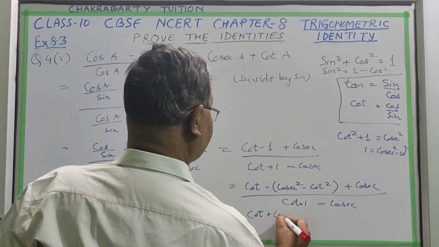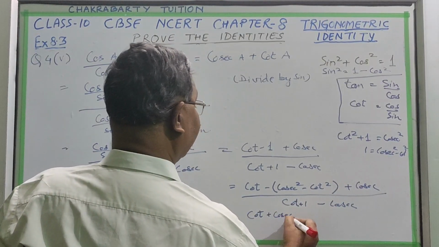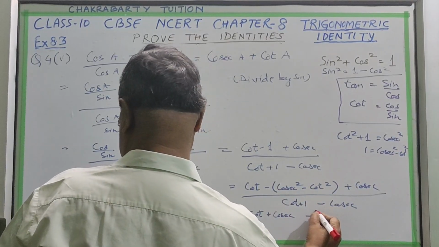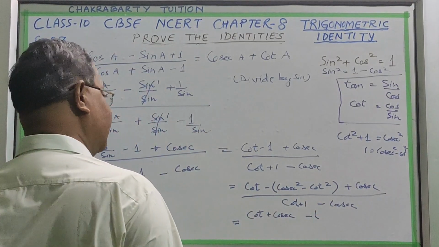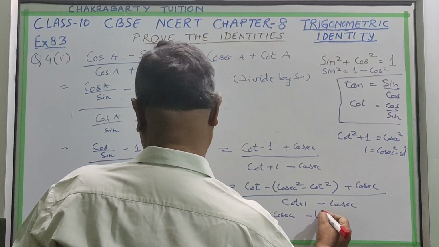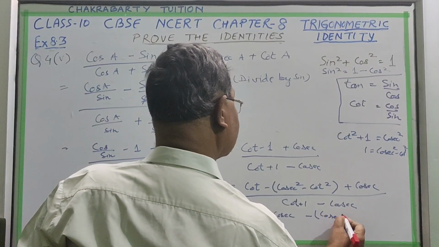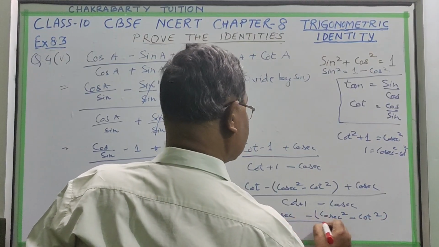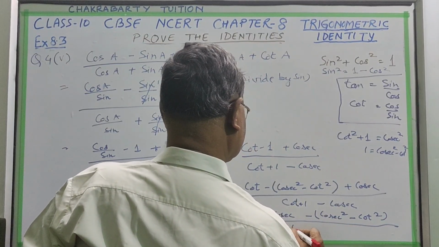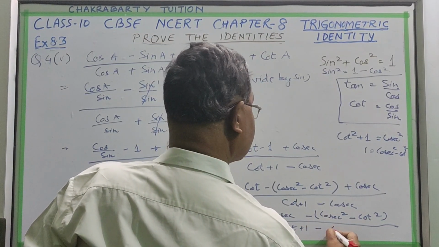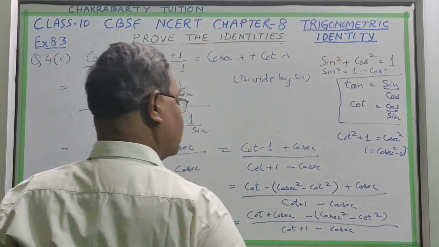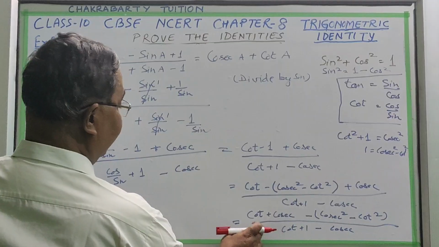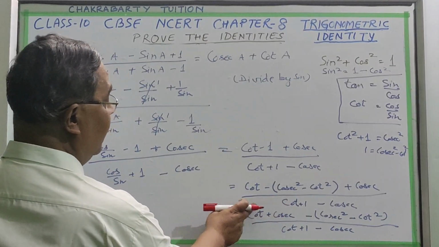Cot plus cosec in one place we are taking, and minus this we are taking in another side. Now we will rub it, and from this step we will go further. Means up to here we will rub.